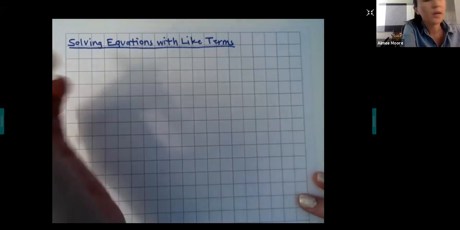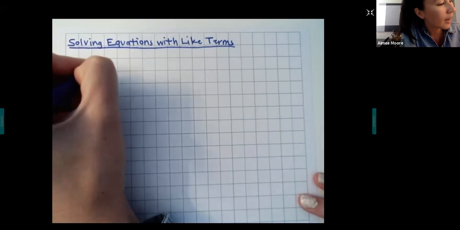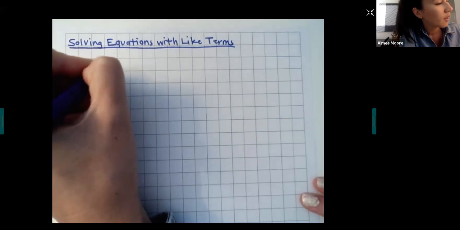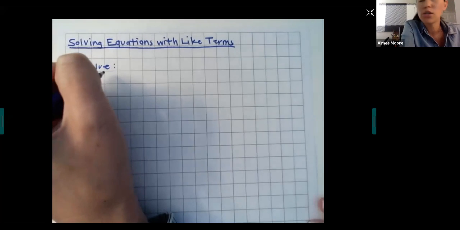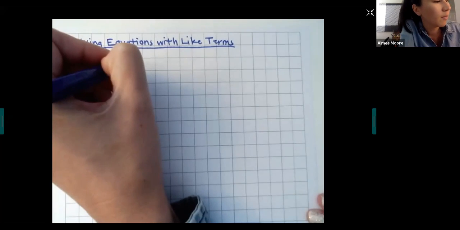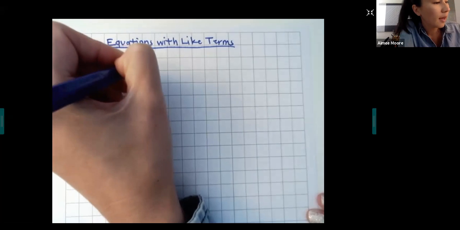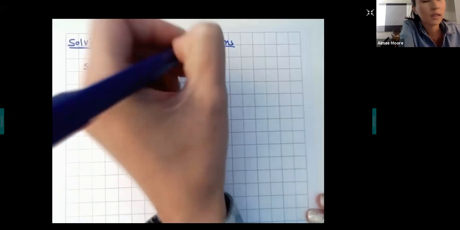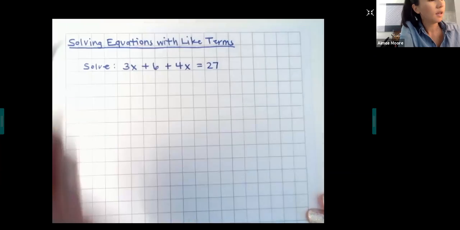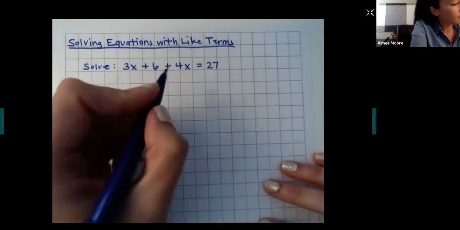Okay, so solving equations with like terms. So again, we're just going to add in one more step. And once we do this first step, then it's going to be just like the 2-step equations we've been solving. So 3x plus 6 plus 4x equals 27.